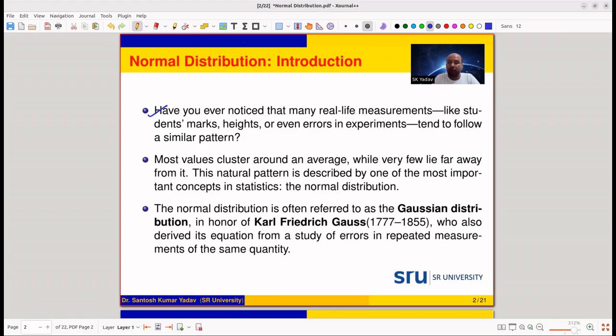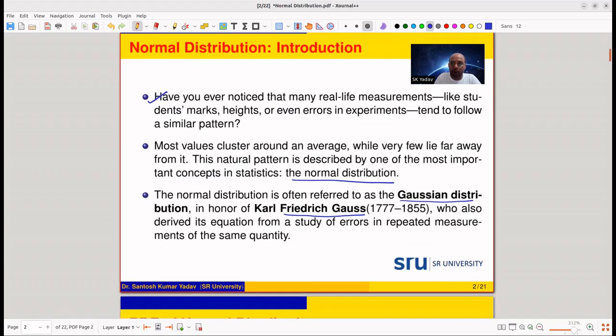Most of the data points or the values cluster around a particular average value or mean value, while very few lie away from it. So this natural pattern is well described by a probability distribution known as normal probability distribution. And this was given by Carl Friedrich Gauss, so it is also known as Gaussian distribution.